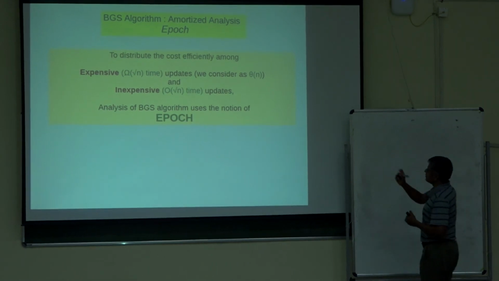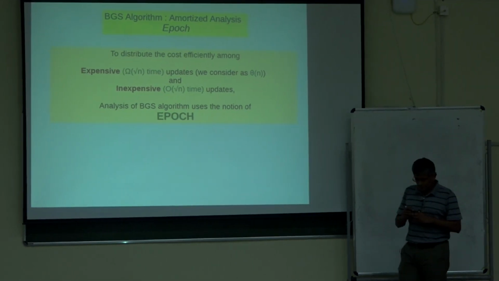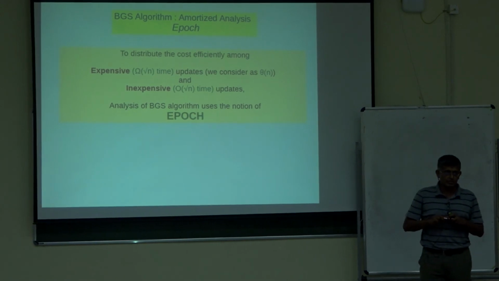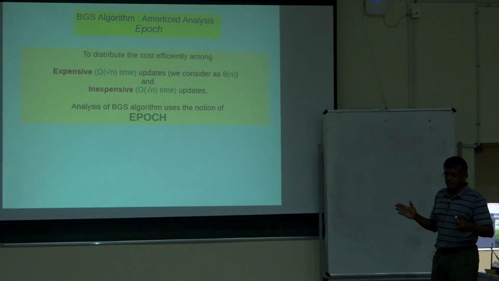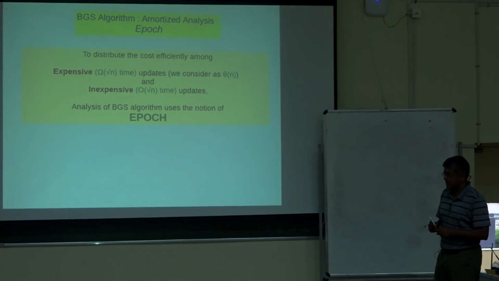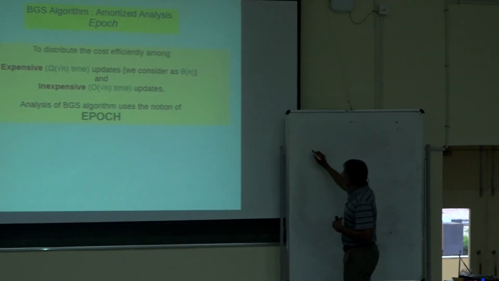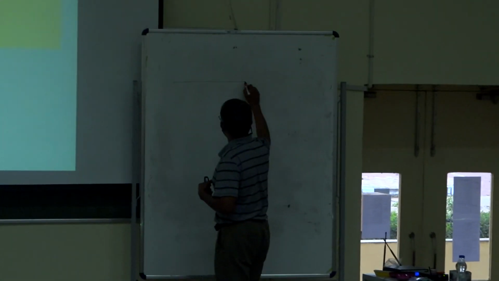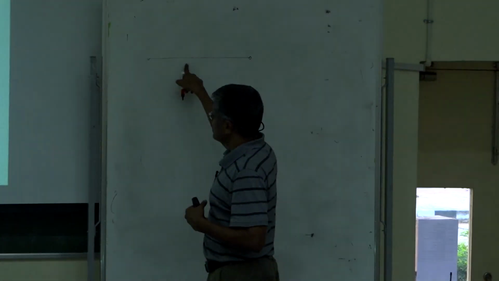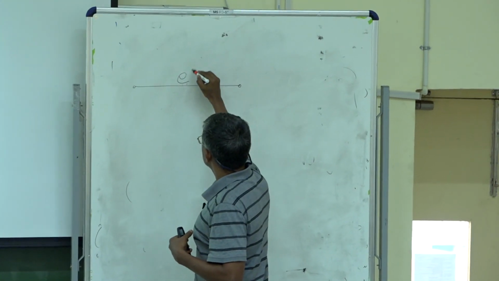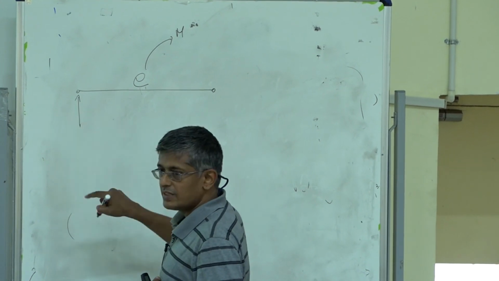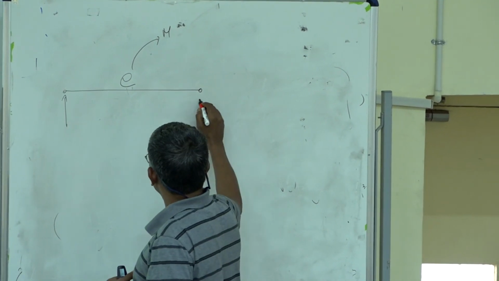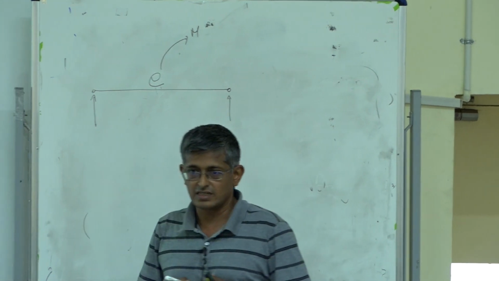The key concept here is to visualize the execution of this algorithm as a sequence of intervals. Each interval is called an epoch. An epoch is a time interval during the execution of the algorithm, and it is associated with an edge E which is in the matching. This is the time instant at which E enters the matching, and this is the time instant at which E leaves the matching.